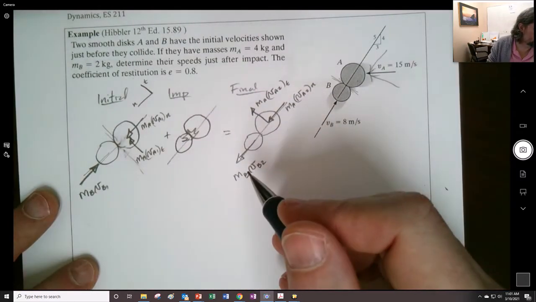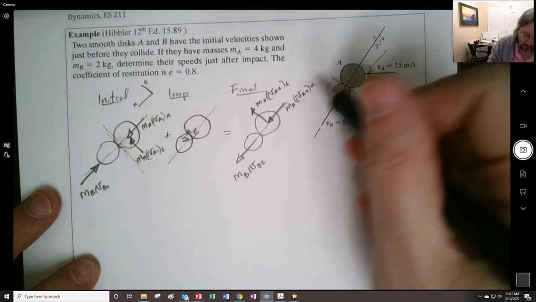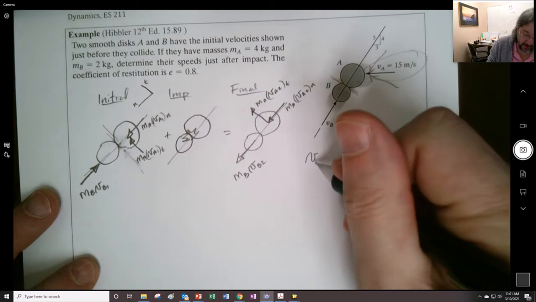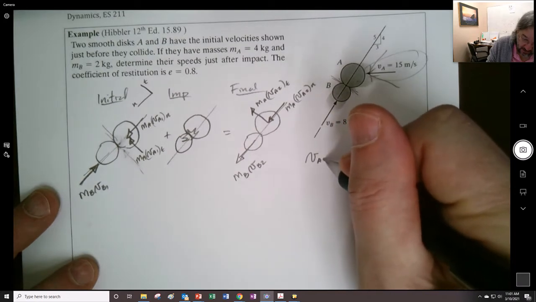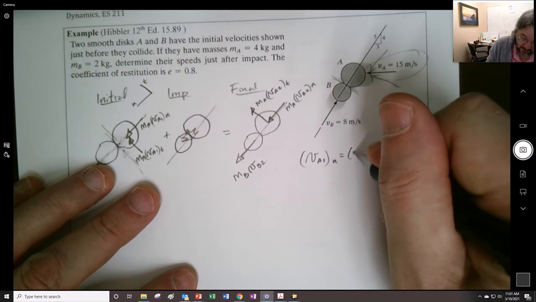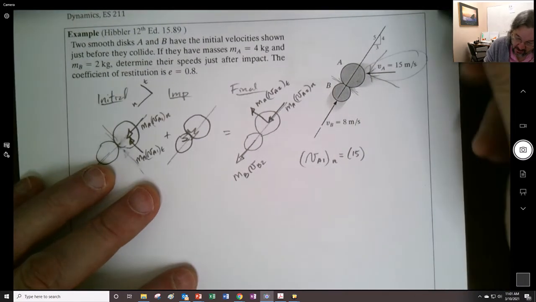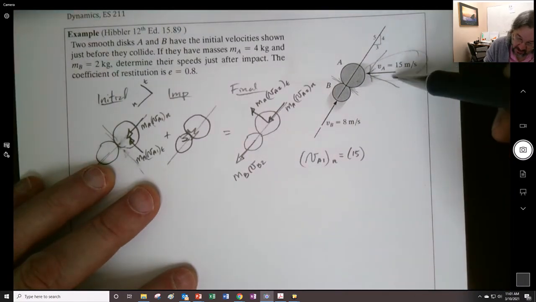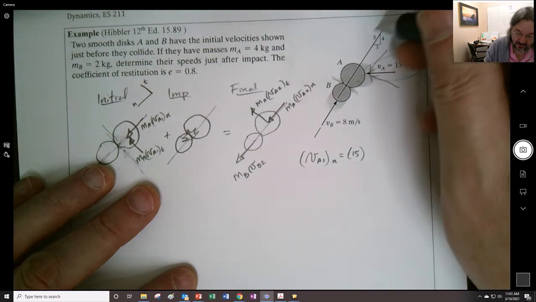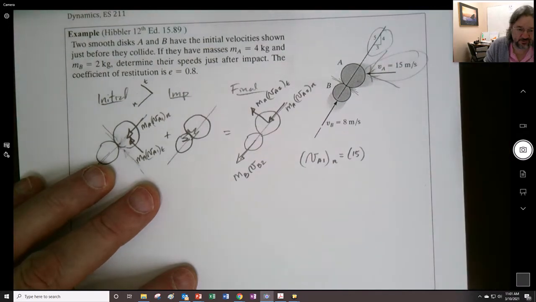All right. So one thing I want to do is break this down into normal and tangential. So I'll say that the VA1 normal right here is the 15 times, let's see, I always mess around when I have this crazy 3, 4, 5 thing. This always bothers me.